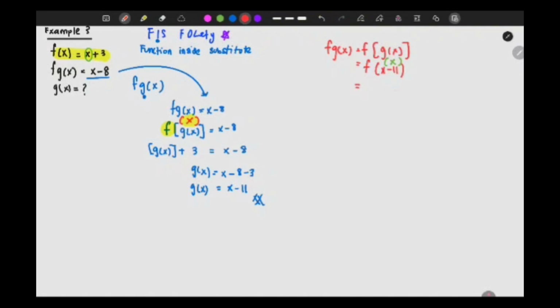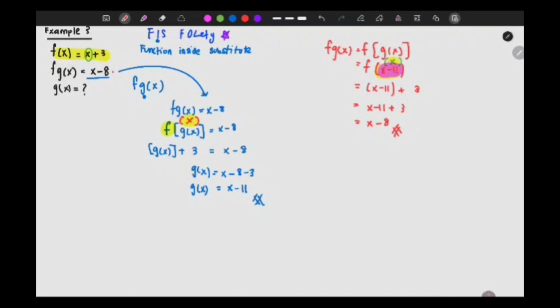Your x is no longer x, huh? It's x minus 11. Let's check. So x minus 11 plus 3. You should get x minus 8. Ta-da, it's the same. So here you go. It's the right answer.